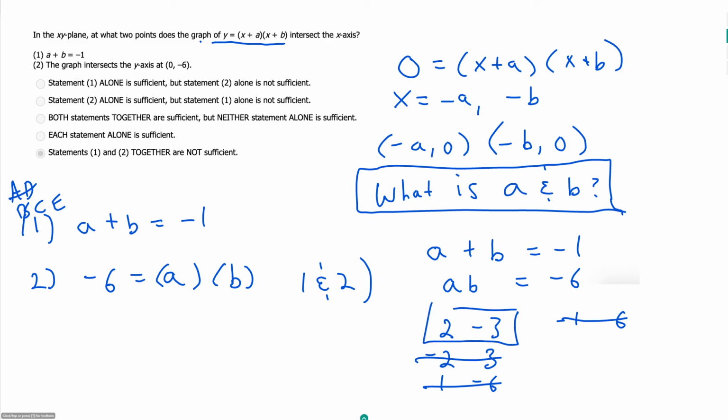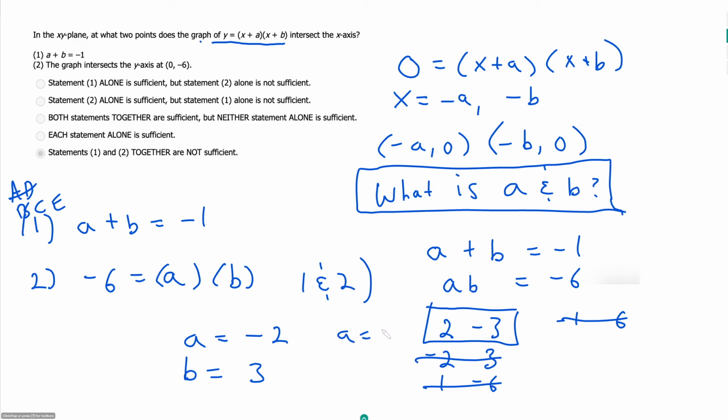And remember, these are our values for a and b. Now one thing people might do is say, well, we don't know which one is a and which one is b, therefore it's still insufficient. But that does not matter. If a is equal to -2, then b is equal to +3.